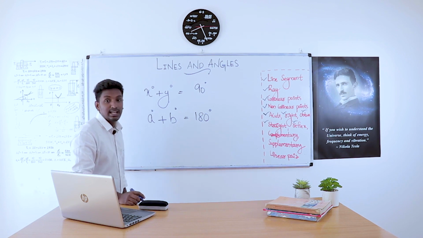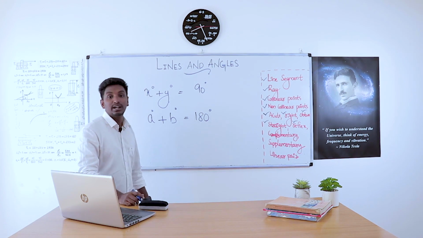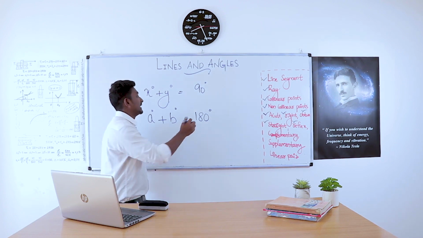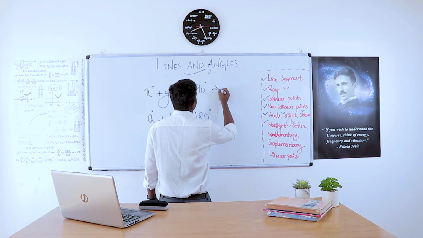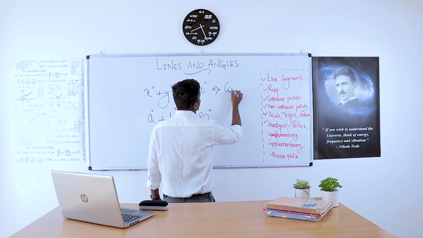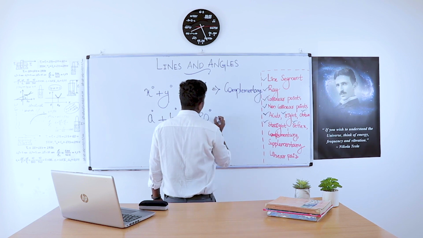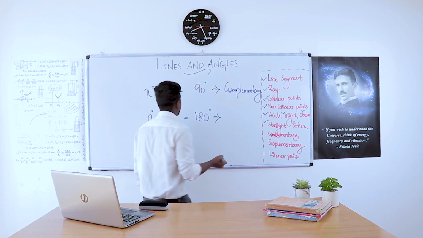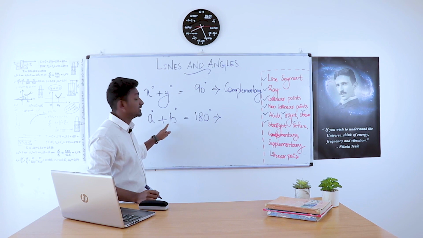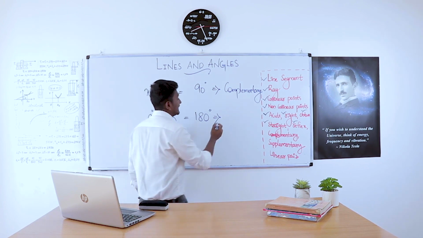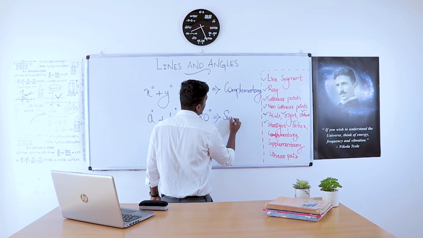That means the angles whose sum is 180 degrees are called supplementary angles. The angles whose sum is 90 degrees are called complementary angles, and the angles whose sum is 180 degrees are called supplementary angles.